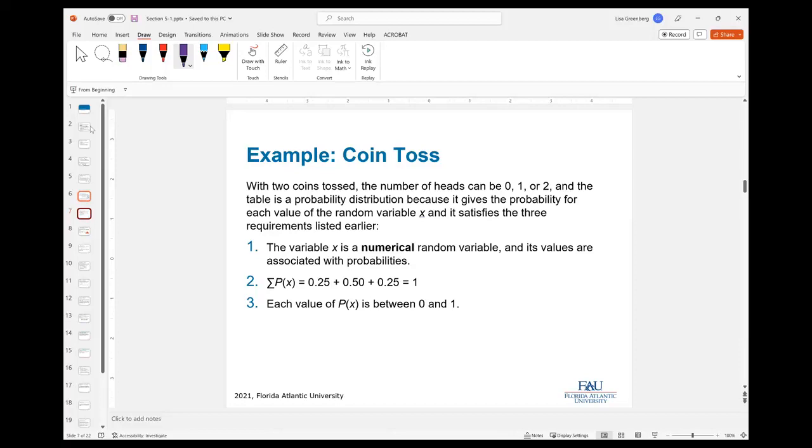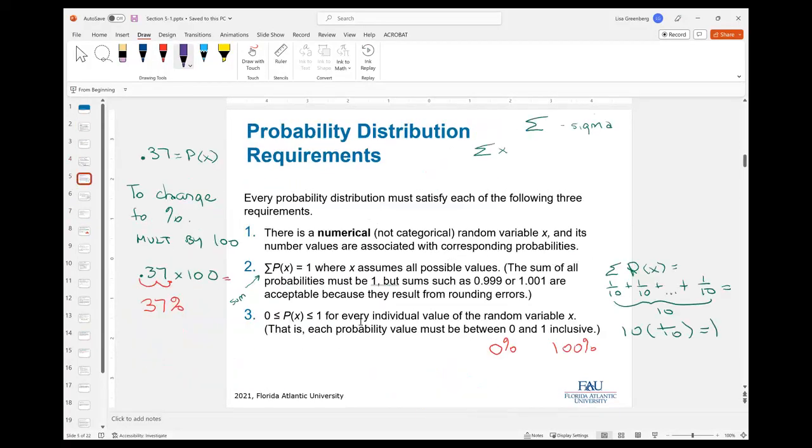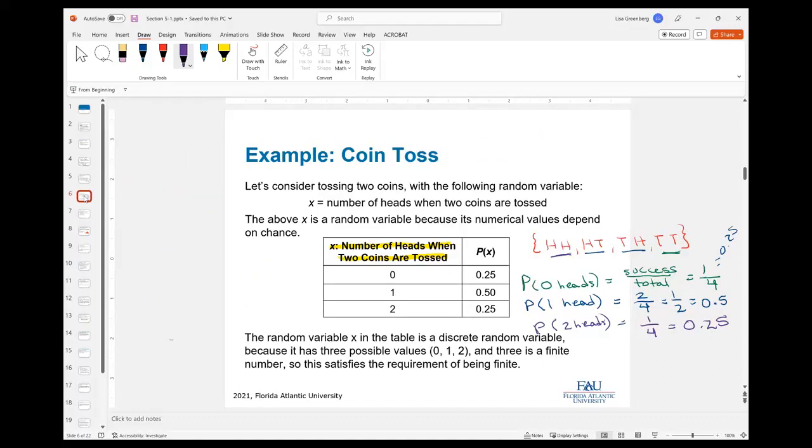Okay, so the 3 requirements were, it's numerical. Yes, the random variable X is numerical. It was 0, 1, or 2. When I sum up all the probabilities, it was 1. I'll show you. And the probability of each event is between 0 and 1. So this is X. These are my values, and they are numeric.